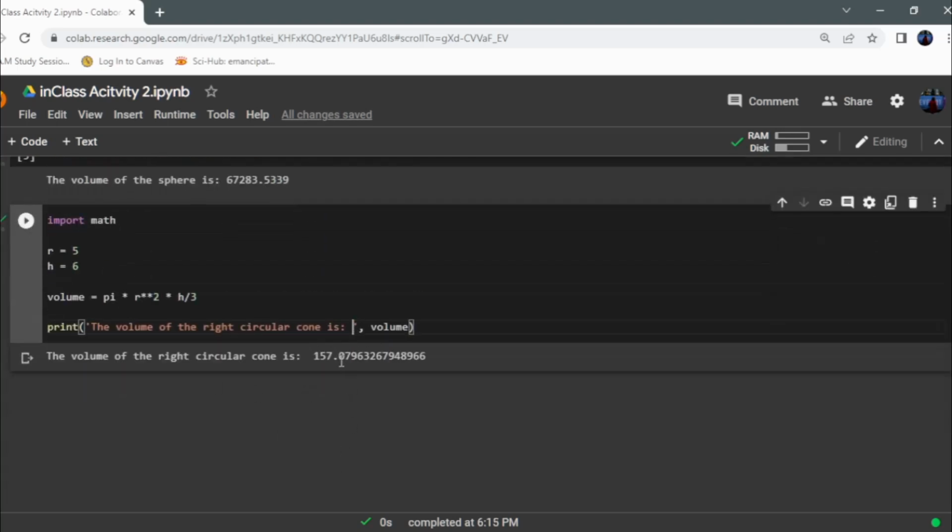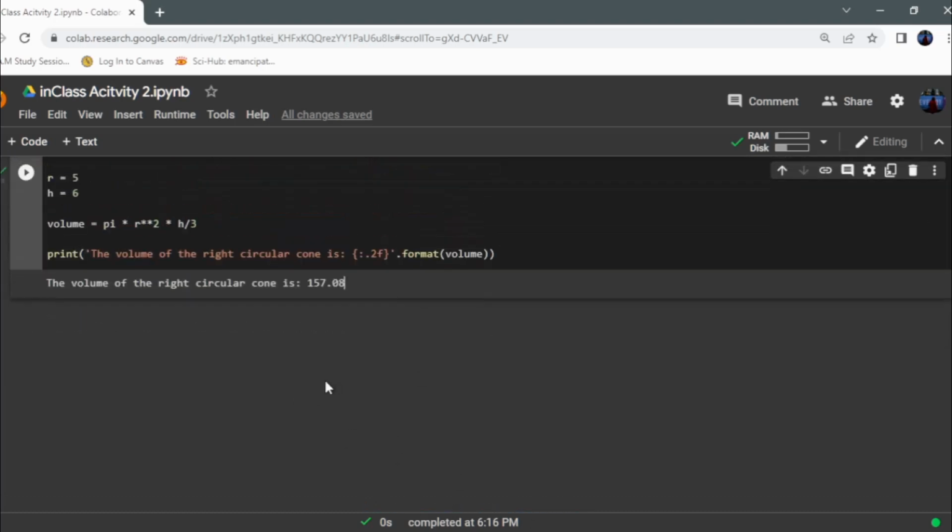So it's too long. The decimal is 157.08. We're just going to use 2f. Cut that off. Format the volume so that you can have 2 decimal places. There we go.